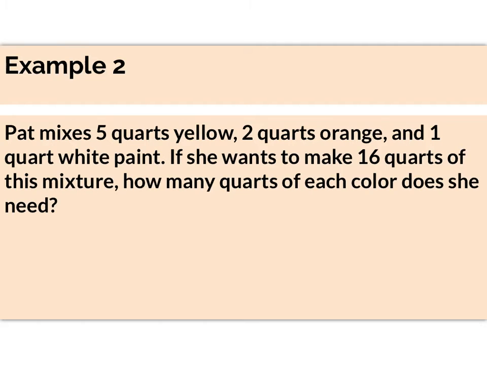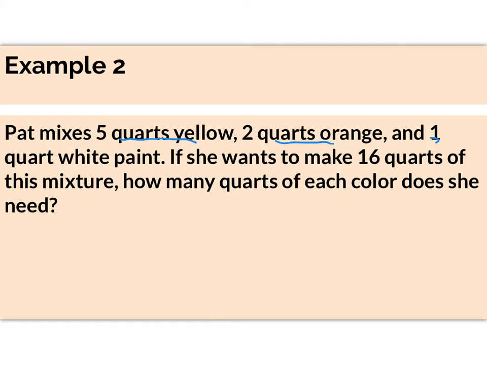So in the last example, we used equivalent fractions, and I'm going to do a similar thing here, but I'm going to use proportions and equivalent fractions. So let's see, what are we given? We're given 5 quarts yellow, 2 quarts orange, 1 quart white makes a batch or a mixture.